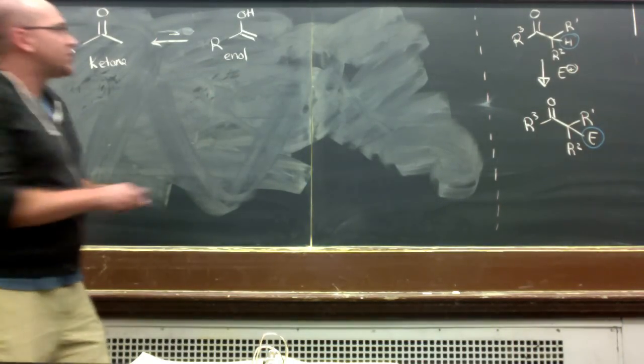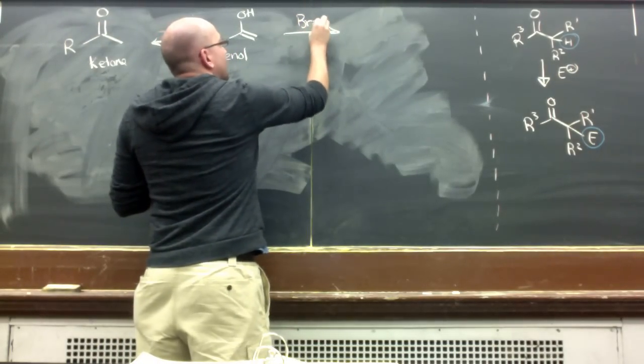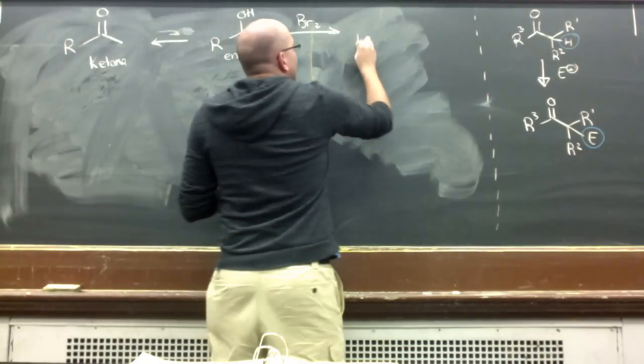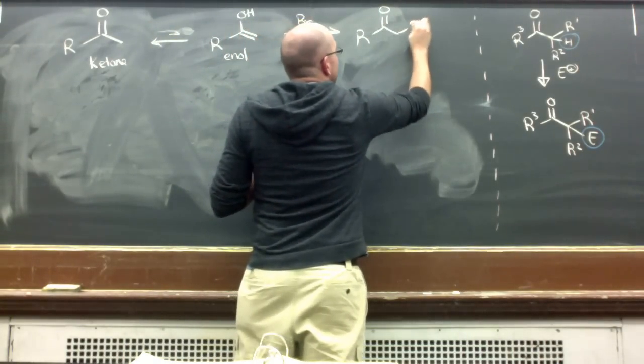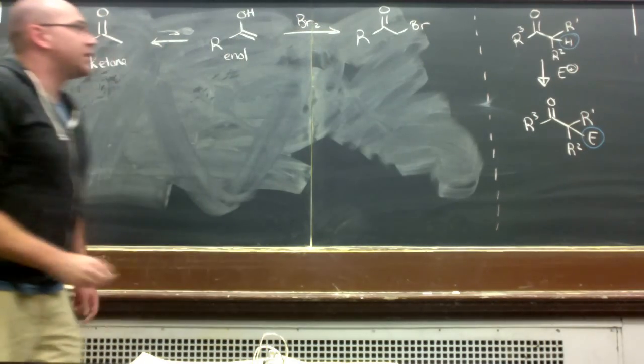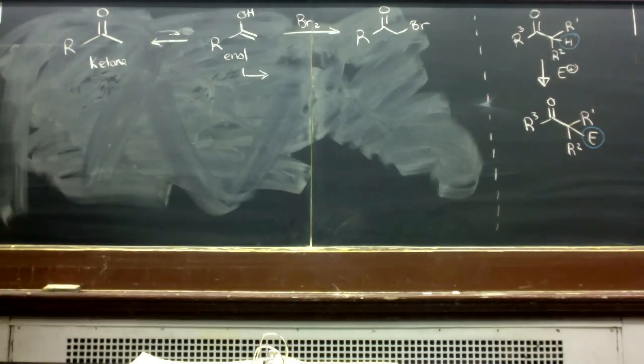And one place that we saw this is if you take this molecule and you treat it with bromine, you'll get alpha bromination. And again, the mechanism is simply, it's an alkene, it's similar to the chemistry of an alkene, right?